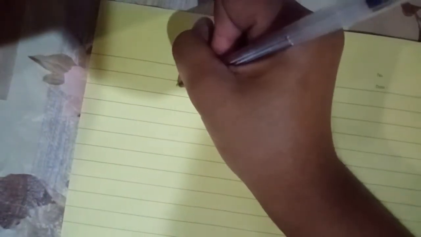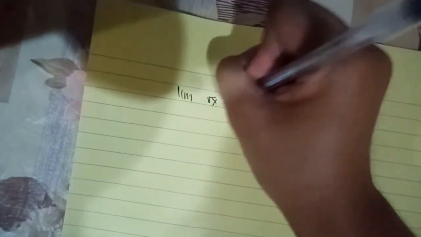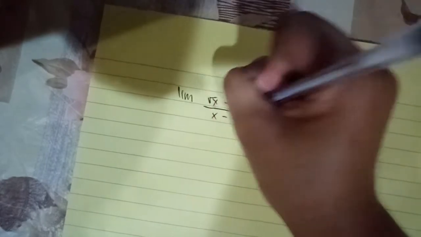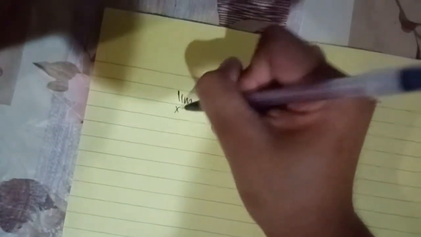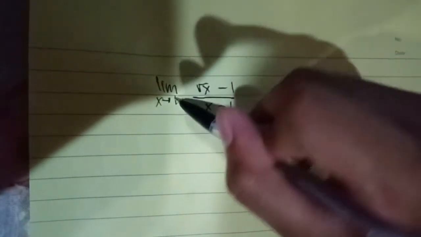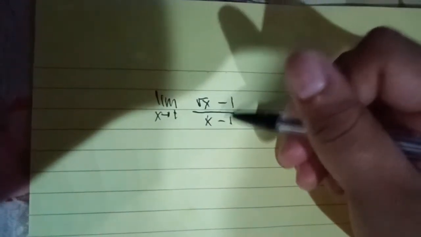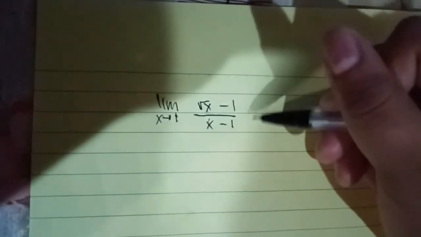So now we are going to proceed to limits and continuity given the equation. So limit of square root of x minus 1 over x minus 1 as x approaches 1. If we are going to directly substitute the value of x, which is 1, the numerator will become 0. Our denominator will become 0 and it will result in an undefined number.